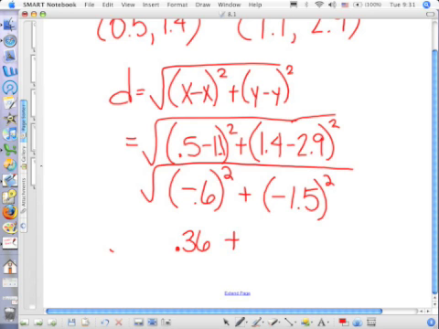Instead of thinking 1.5, think 15. What's 15 squared? 225. But I have 1.5 times 1.5. There are 2 decimals in the problem, so I've got 2 decimals in the answer.